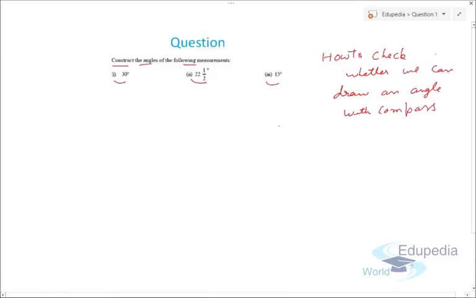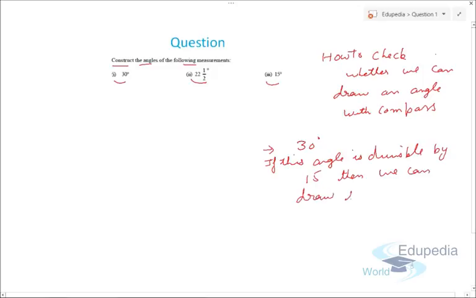Now let's say we have a 30 degree angle. If this angle is divisible by 15, then we can draw this angle by compass. Right?